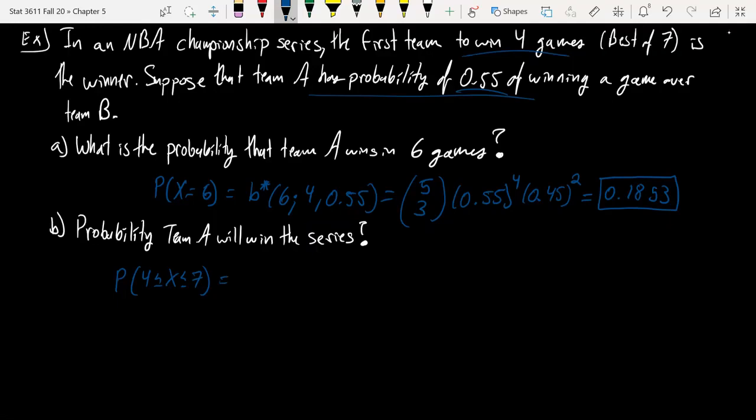So we just need to add up the probability that the 4th win comes at the 4th game, or at the 5th game, or at the 6th game, or at the 7th game. I think you get the idea there.